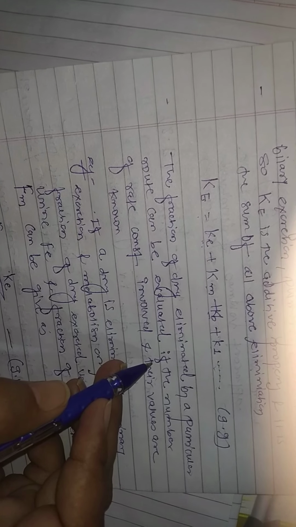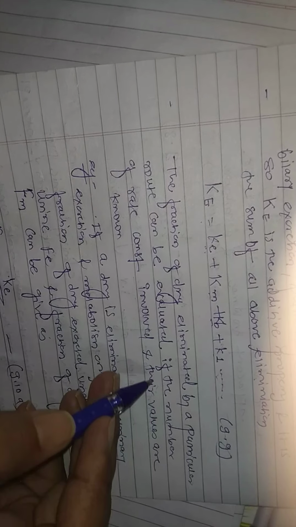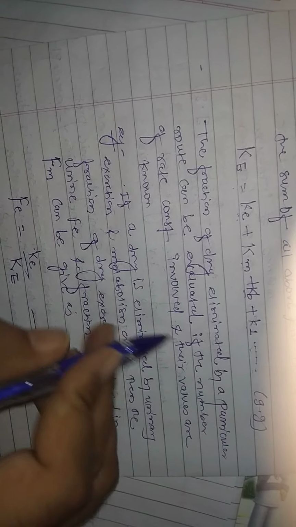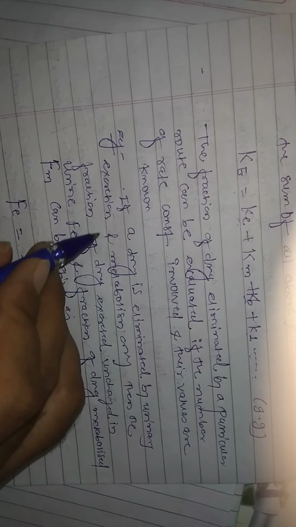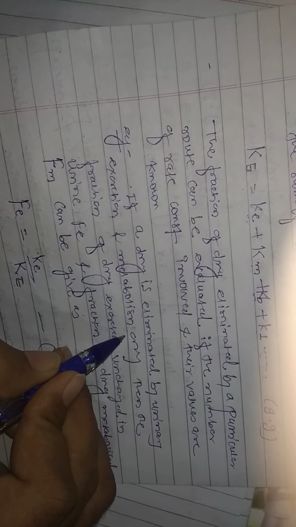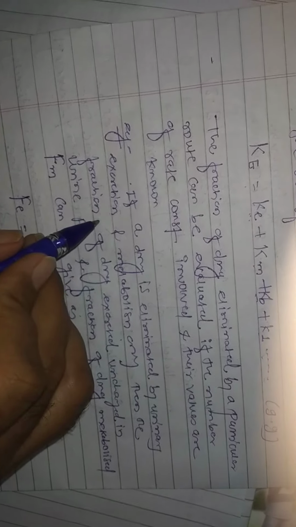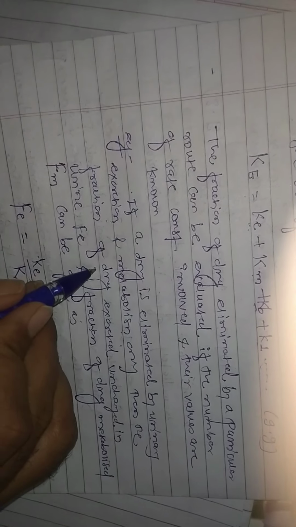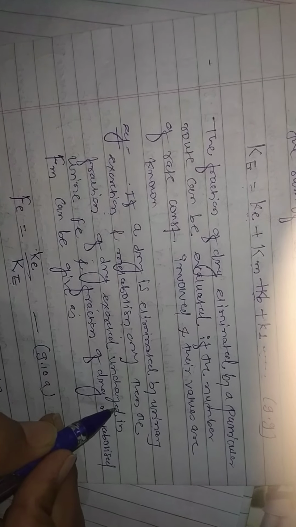If we know from where the drug is being eliminated, and at which fraction or amount, the route can be evaluated by the number of rate constants. Suppose a drug is eliminated by urinary excretion and metabolism, then the fraction of drug excreted unchanged in urine is Fe, and the fraction of drug metabolized is Fm.